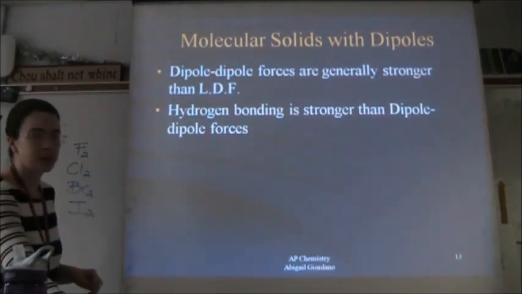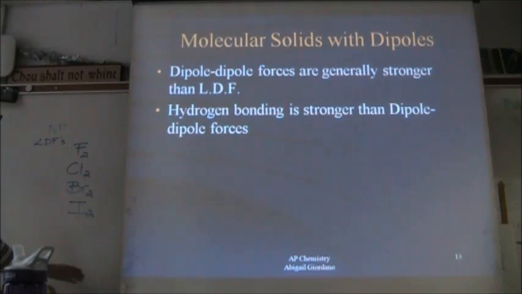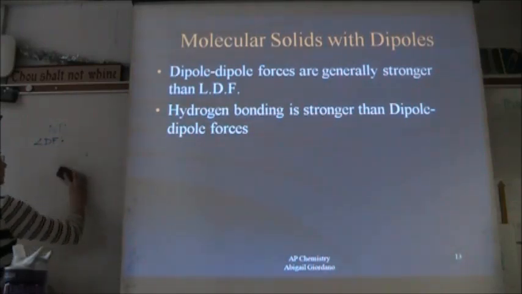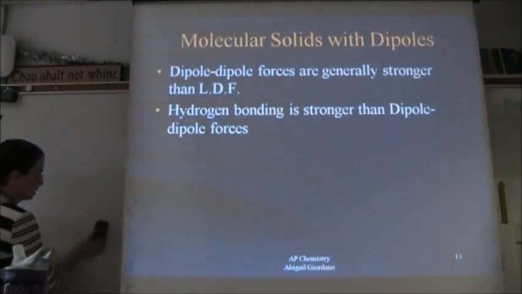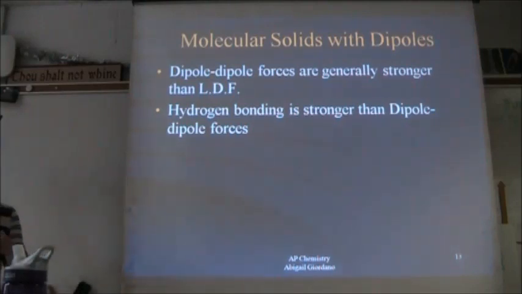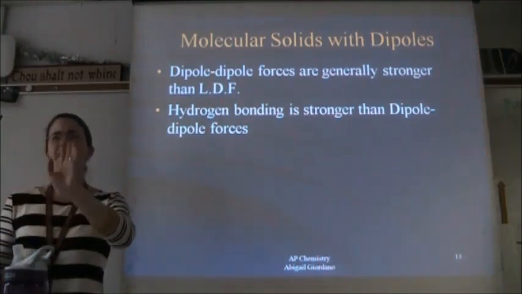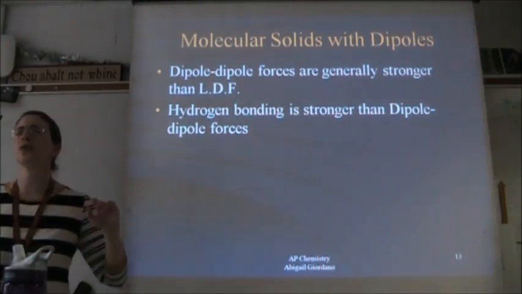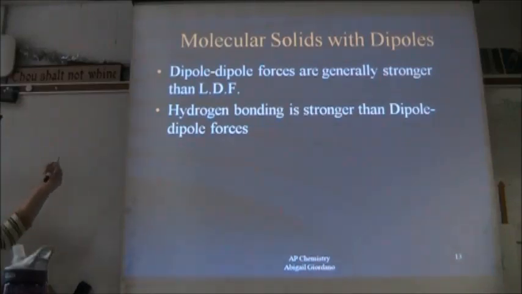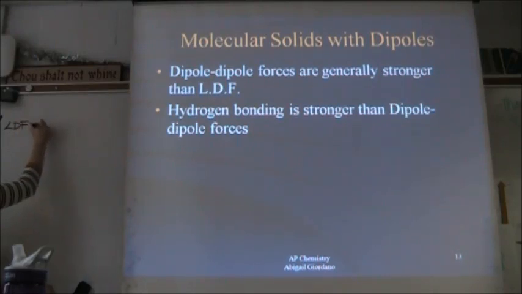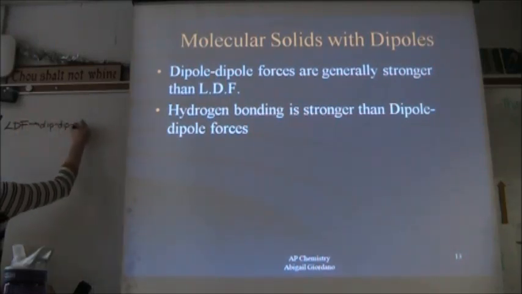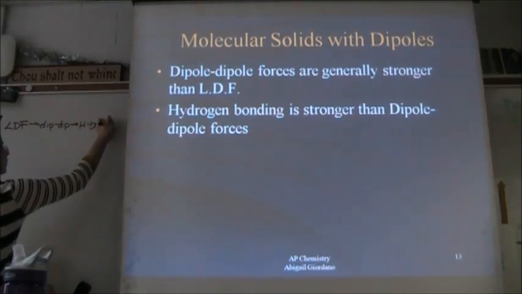But guys, there is something that I want you to be aware of. Let's talk about the strength of these forces. Which LDF, dipole, hydrogen, which is the weakest of those three? Okay, LDF. Next in order would be dipole. Hydrogen bonding is our strongest.